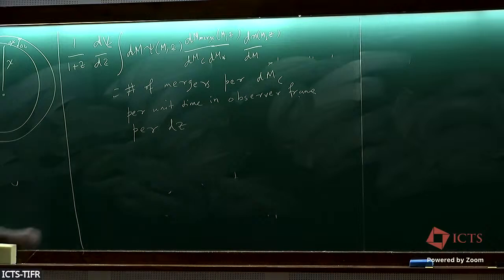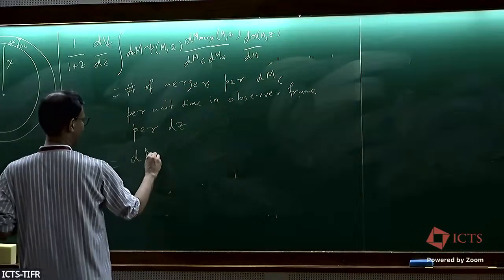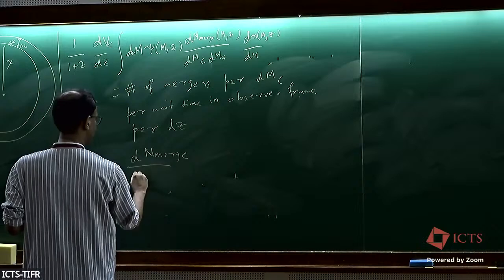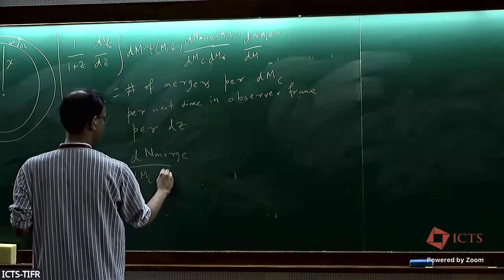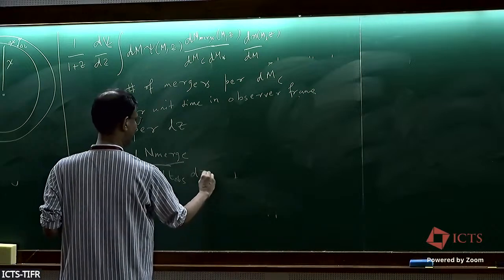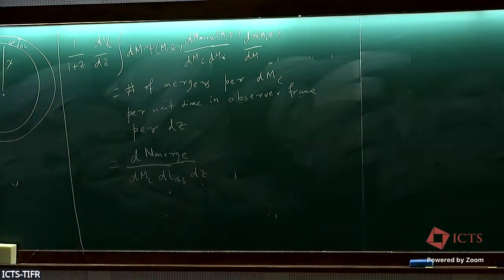So let me write this in a form: dN_merge per dVc per dt in observer frame per dz. And this is what we hope that the detectors will give us.